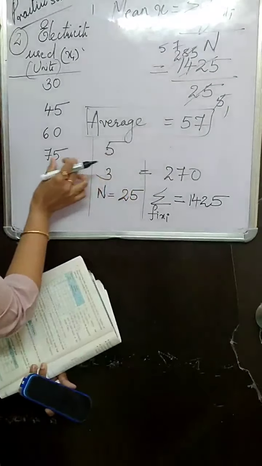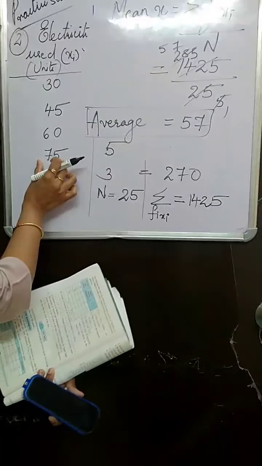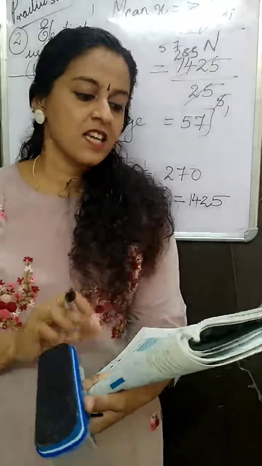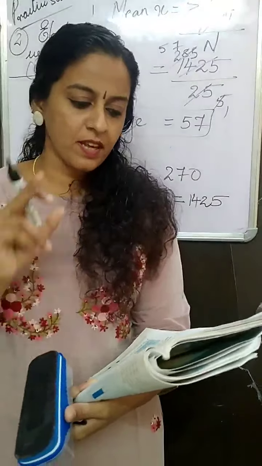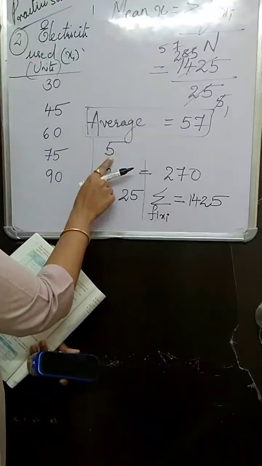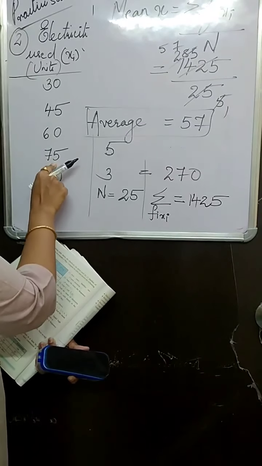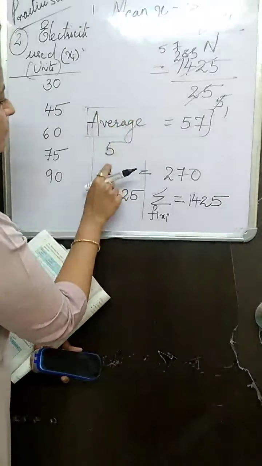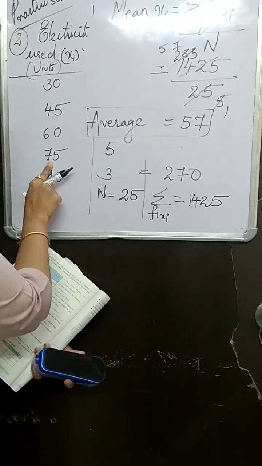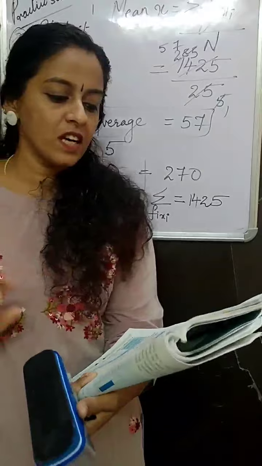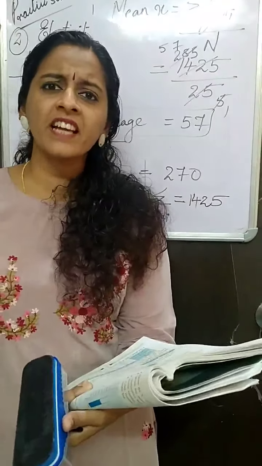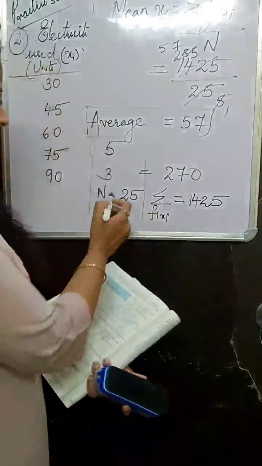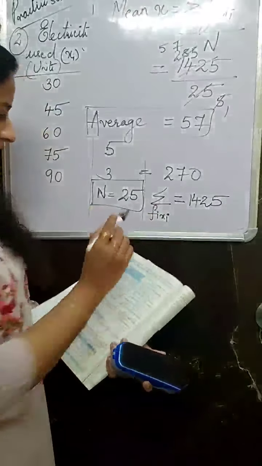Which score corresponds to 5? 75. So you will write as asked: the score for frequency 5 is 75. Next is find n. N is 25.